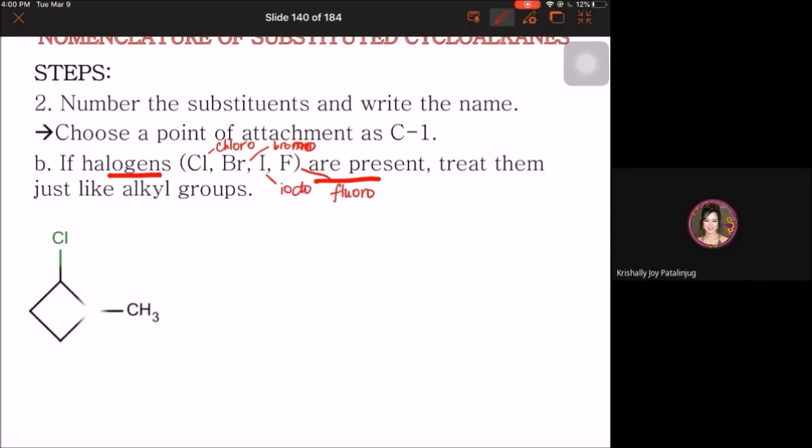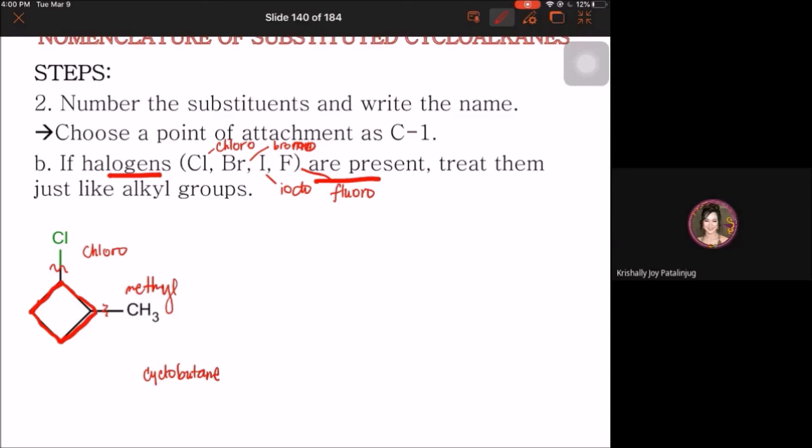So for an example, you tell me to make it easier. What is this cycloalkane? Cyclobutane. Okay, very good. So you have cyclobutane with the substituents chloro and methyl. It's the same, alphabetical order.